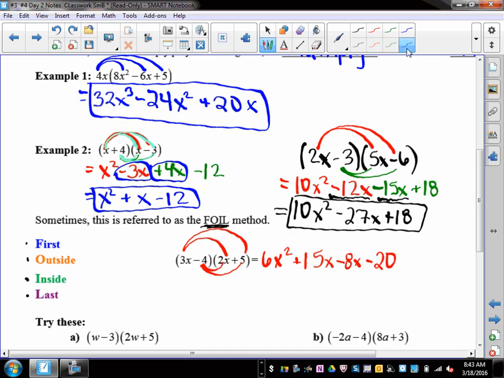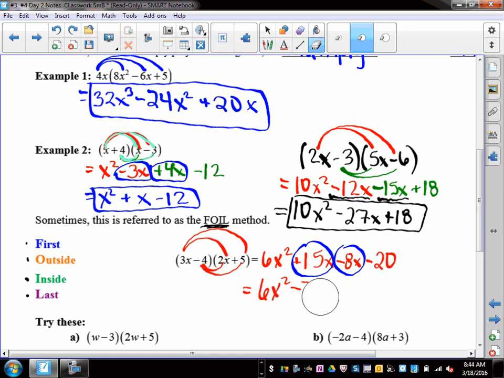Alright, let's look for like terms. Alright, so we have 6x squared. What's 15x and negative 8x? Positive 7x. And then my last term? Okay, and that's your answer.